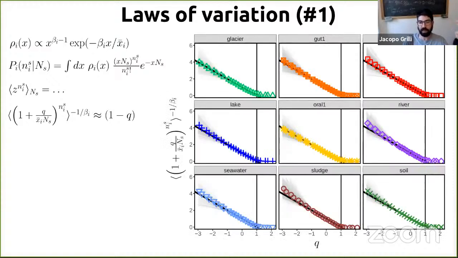So the black line is the prediction if this distribution of abundance across communities is gamma distributed. The colored points are the binned data, and the gray lines are individual species. So you find that the gamma distribution also describes well the variation of rarer species.